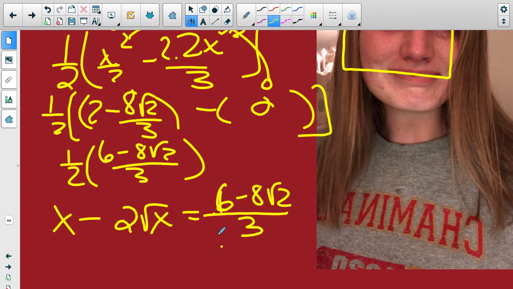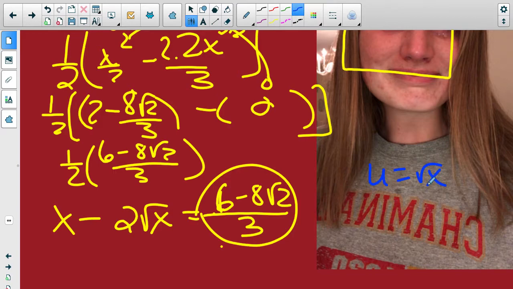So if this was an integer, you would maybe be expected to do what I'm about to do. I can let u equal root x. And so what is this? u squared minus 2u equals that number.